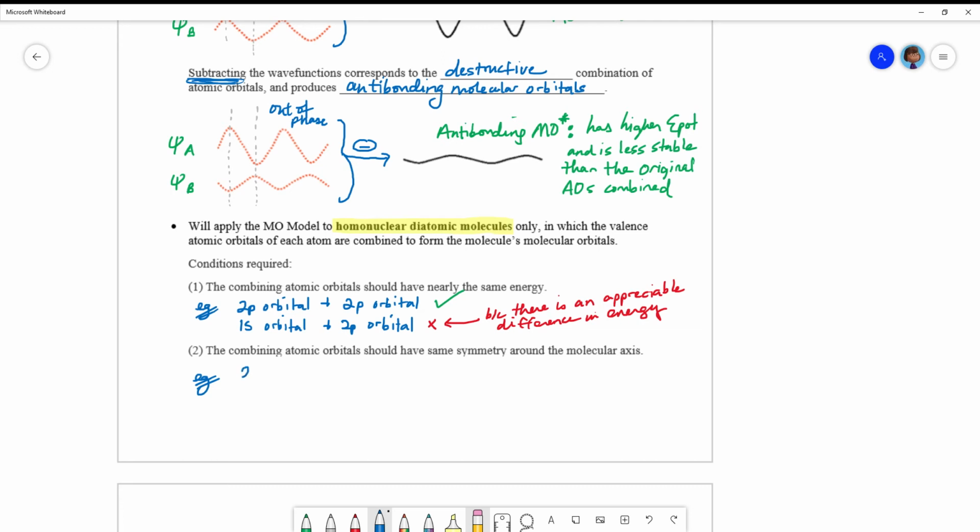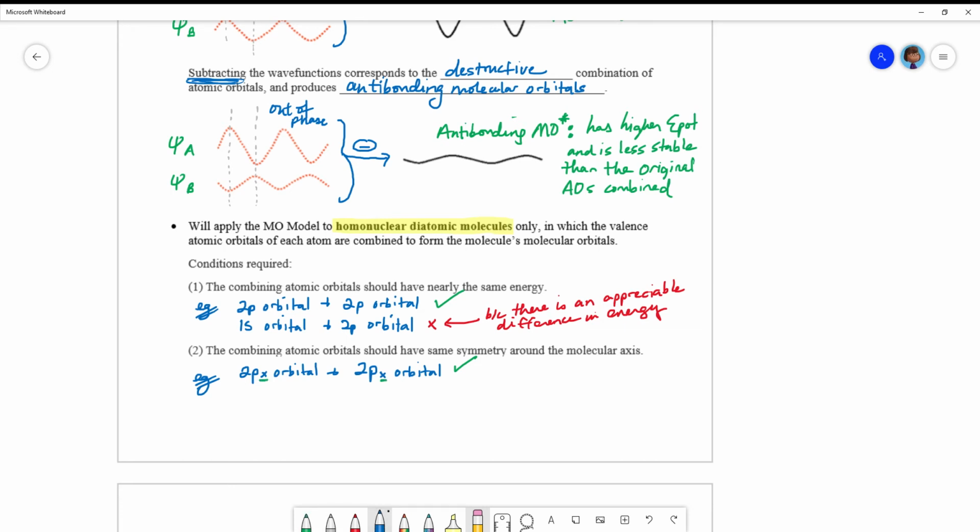And if I took the 2px orbital on one atom, for a successful combination, it would have to combine with the 2px orbital on the other atom, because they're both along the x-axis and therefore they have the same symmetry around the molecular axis. So px, px, same symmetry.